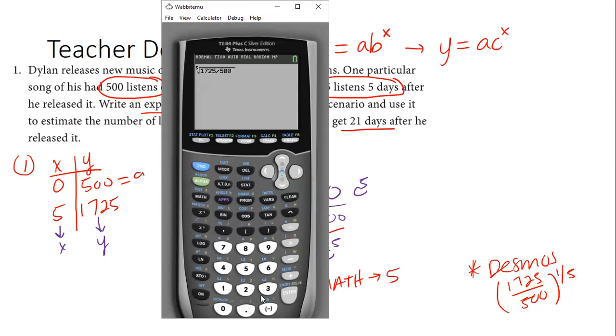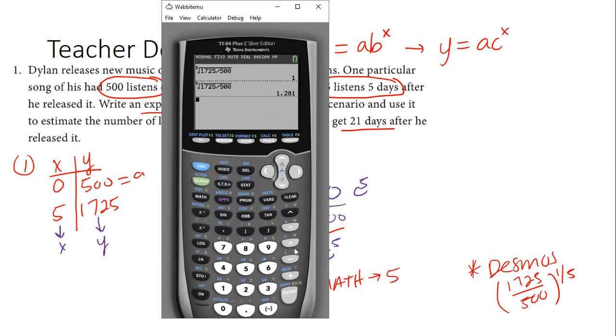It's going to give me a value. Sorry, my mode is not set right. I need to be rounding to 3 decimal places. Remember, we're going to press math 5.